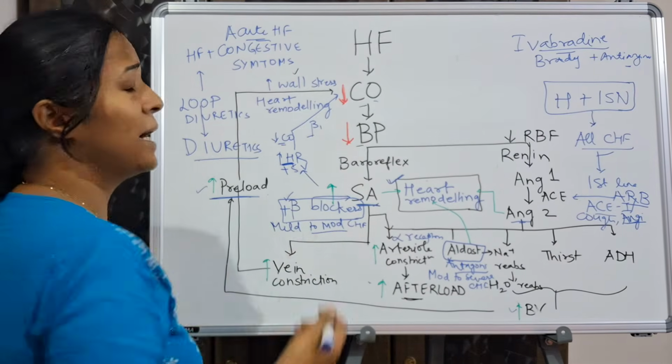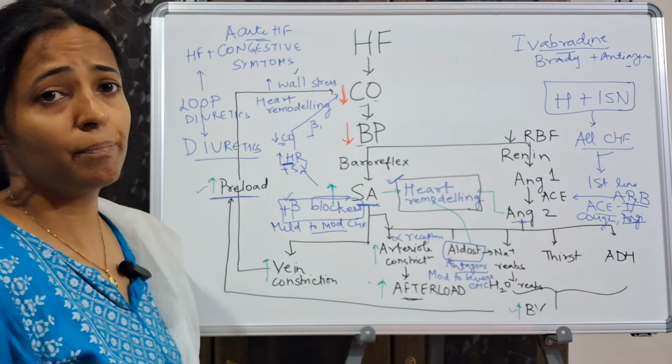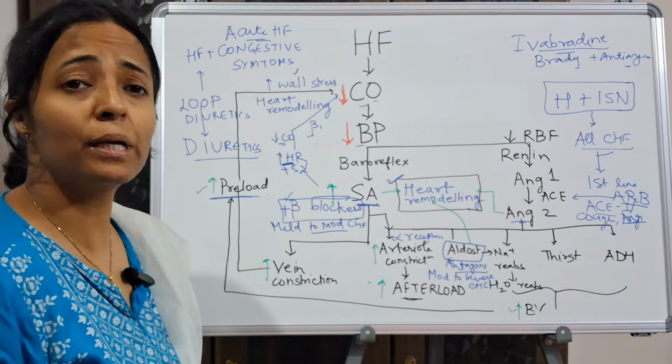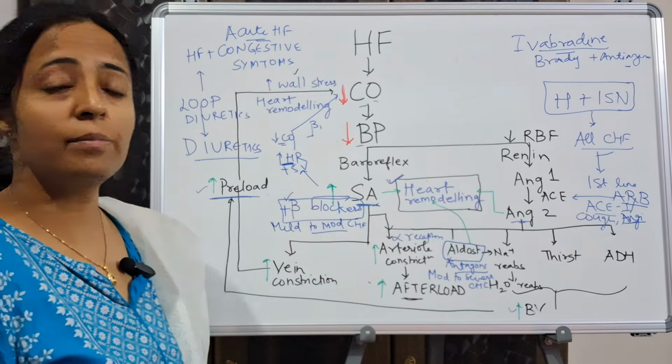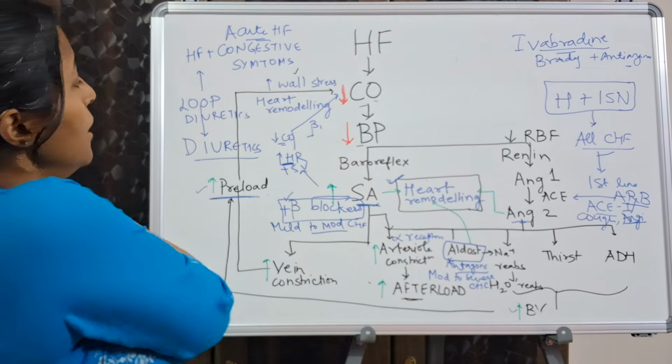Even suppose right heart failure is there and there is back pressure developing in the systemic circulation, there will be development of the edema, hepatomegaly. Then also to relieve these symptoms, diuretics are given. So that is diuretics.